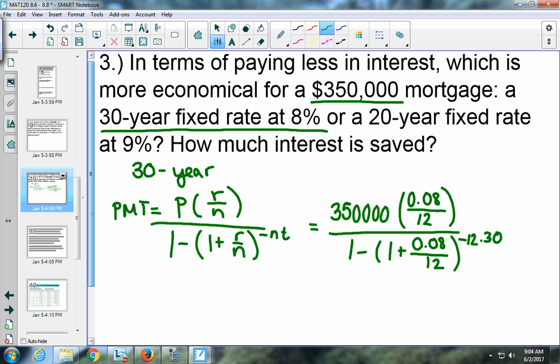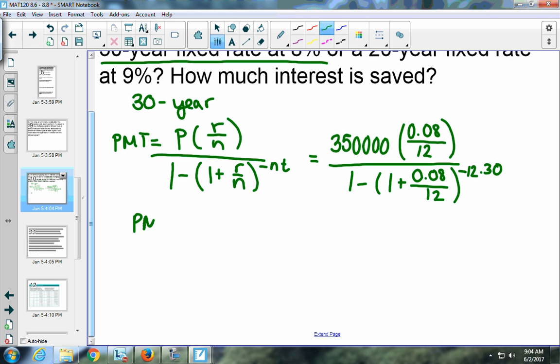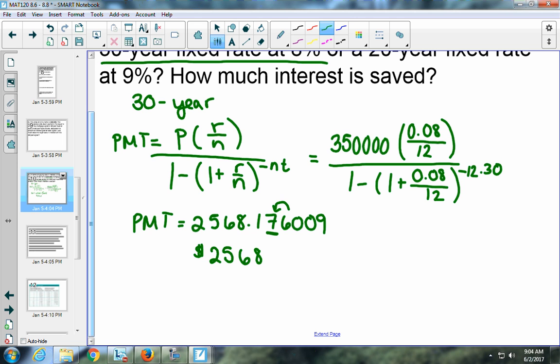When you plug that into the calculator, you get 2,568.176009. Remember, we want to round to the nearest cent. That 6 tells us to round up. So our payment is $2,568.18.